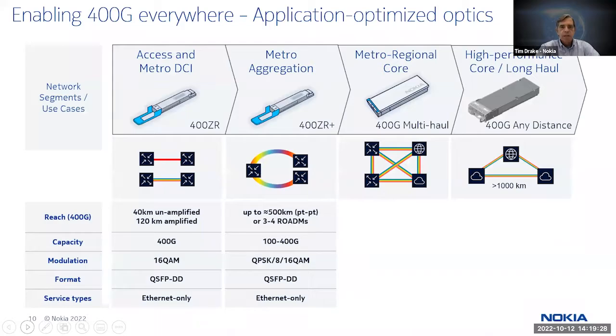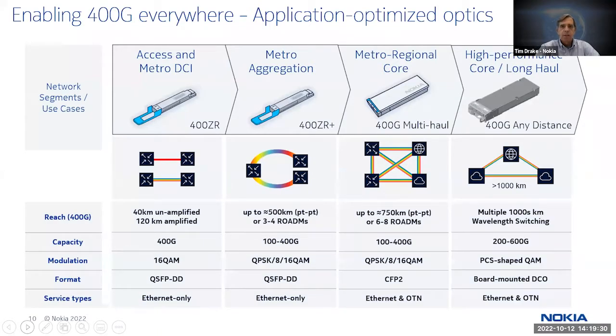So if we were to look at what all these different optics are, well, the shiny kid on the block is the 400 gig ZR and the 400 gig ZR plus. And I say it's the shiny kid because the 400 gig ZR plus has a capacity from 100 gig to 400 gig, and it's a QSFP 56 double density size.